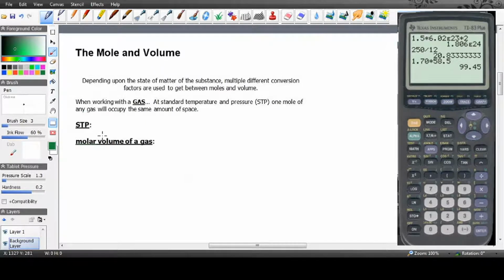So the number that we're going to use is at what we call standard conditions. Standard temperature and pressure is 1 atmosphere of pressure. That's our standard pressure. And 0 degrees Celsius temperature.